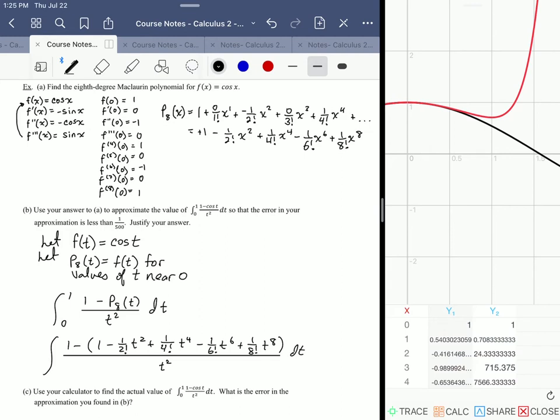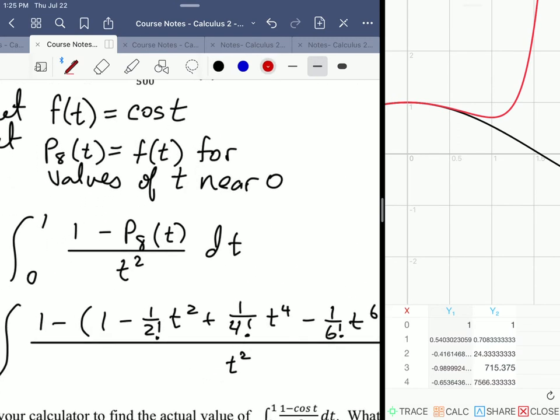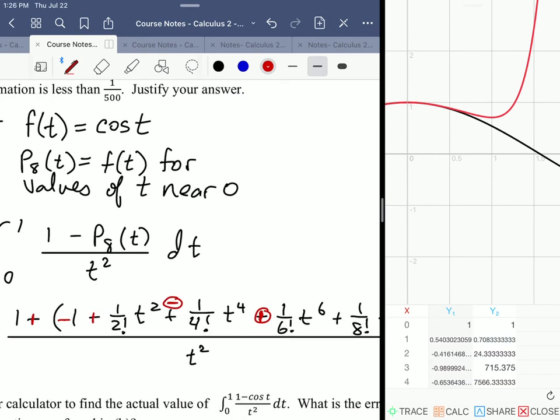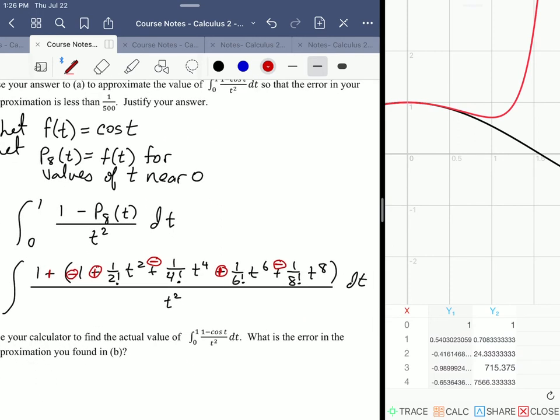All right, so we're going to negate all the terms on the inside by distributing that negative through. So everything's going to get reversed. I'll circle the new sign so I don't confuse myself.